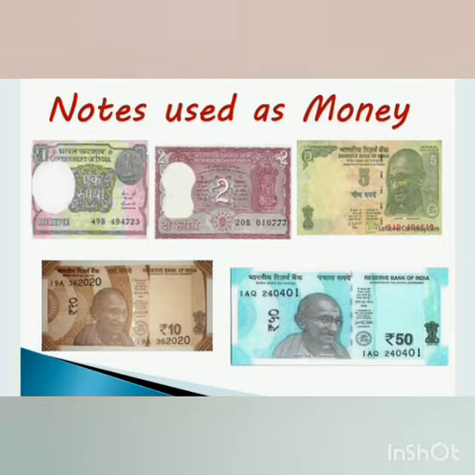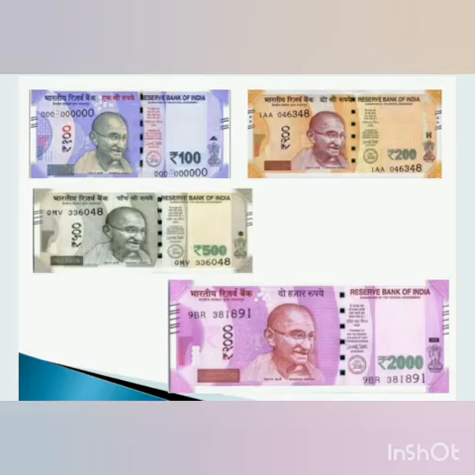These are the notes used as money. 1 rupee note, 2 rupees note, 5 rupees note, 10 rupees note, 50 rupees note, 100 rupees note, 200 rupees note, 500 rupees note and 2000 rupees note.